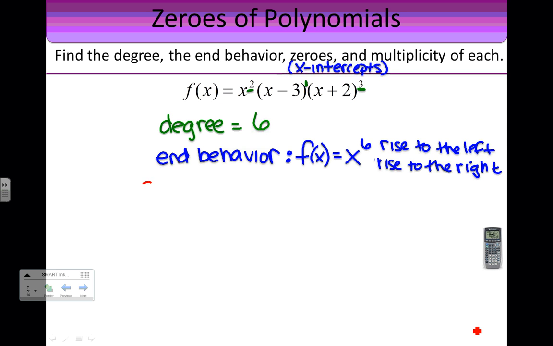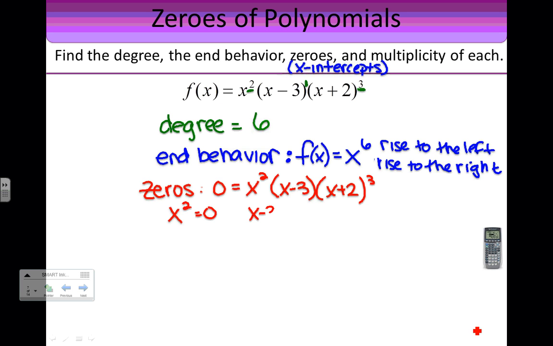Now the zeros, those are our x-intercepts. So we're setting y equal to 0. So x squared times x minus 3 times x plus 2 cubed. So here we already have it in factored form. All of that is equal to 0. So when I have two or more things multiplied together and equal to 0, I know that one or all of them has to be equal to 0.